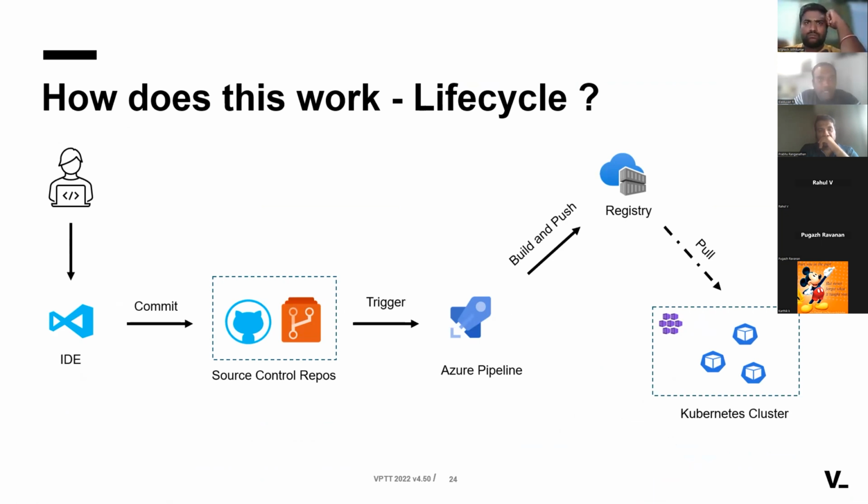Then we commit it, and if there is a trigger associated with that, the Azure pipeline will be triggered, and it is responsible for reading the source control and building the images using that. And once the images are ready, they will eventually be pushed to the registry, as I have told. And each image is going to be named, and it will have a version associated with it.